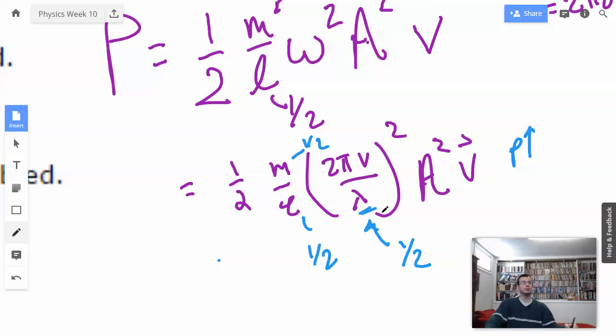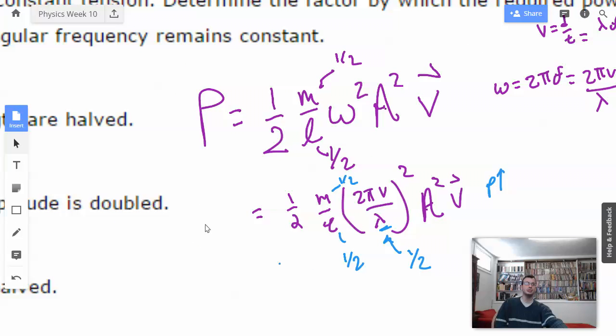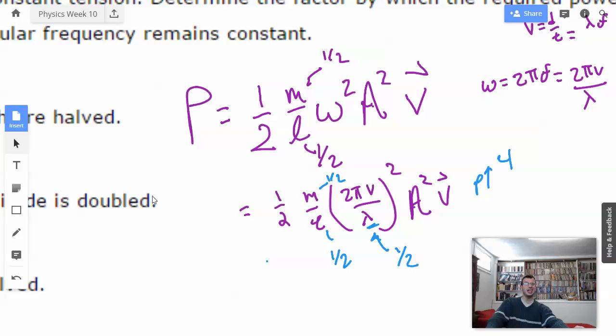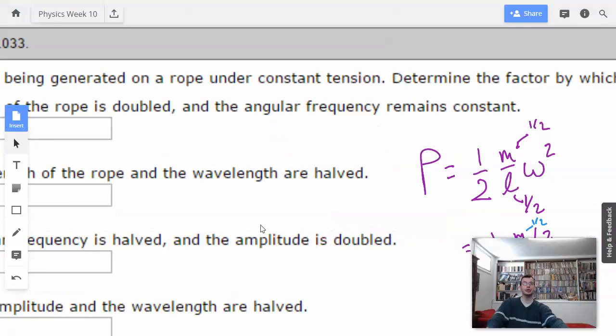So there's really two wavelengths here. Each halving of the wavelength is going to double the power, so power is going to go up by a factor of 4. It's basically like saying 1 divided by 0.5 quantity squared, which is 4.